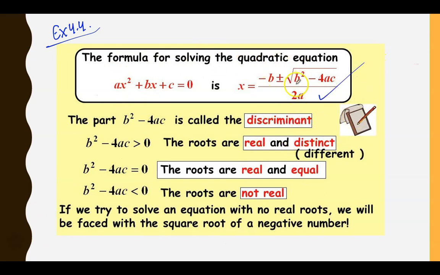Now always remember that b square minus 4ac is also called your discriminant. Whenever your discriminant is greater than 0, in that case it has real and distinct roots. Distinct roots means different roots. Whenever your b square minus 4ac is equal to 0, then your roots are real and equal.